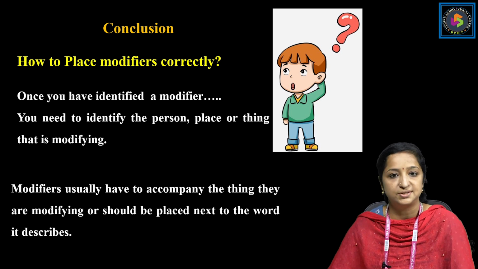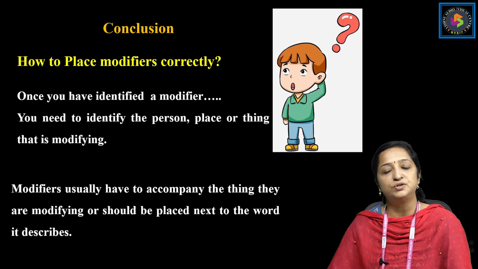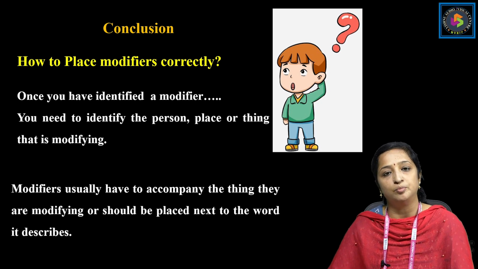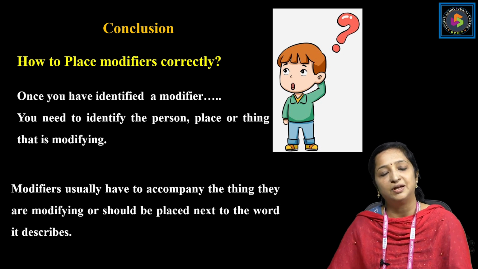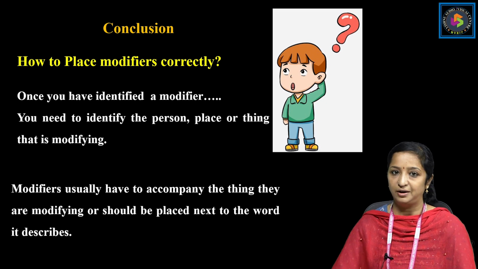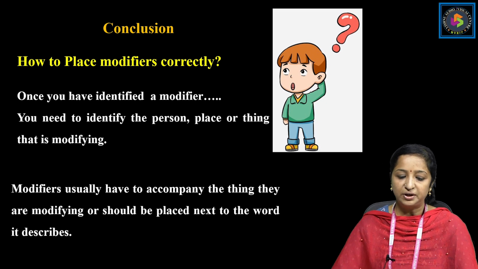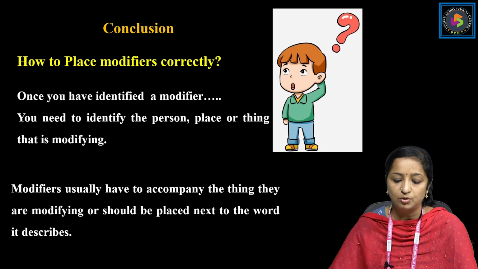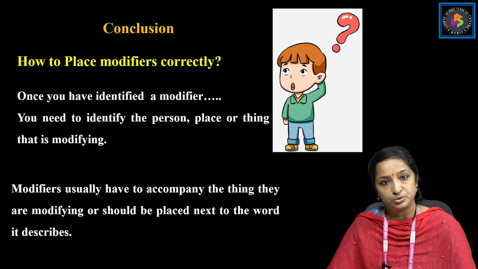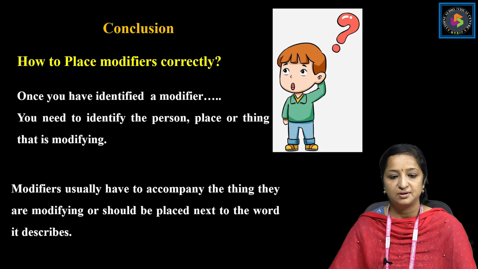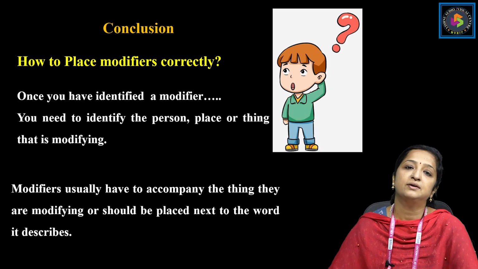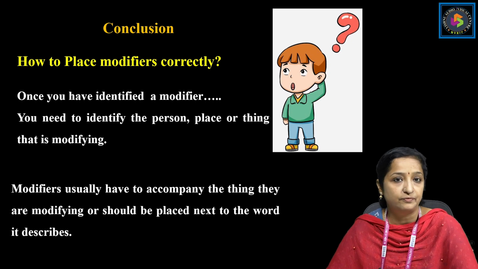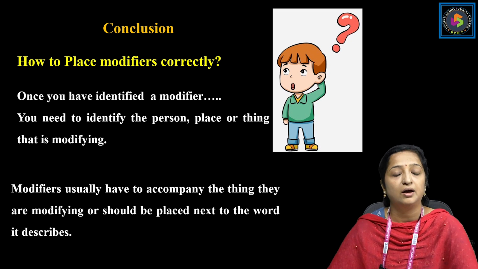Once you identify that, then you can change the sentence and put the word in a proper way, and you can make the sentence meaningful. Modifiers usually have to accompany the thing they are modifying or should be placed next to the word it describes.